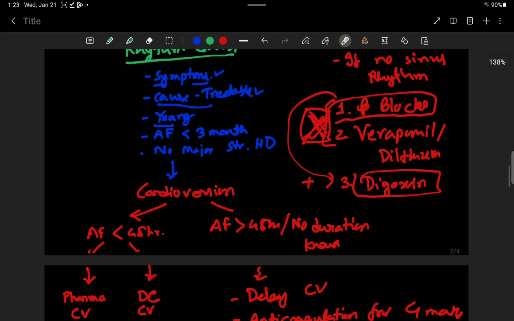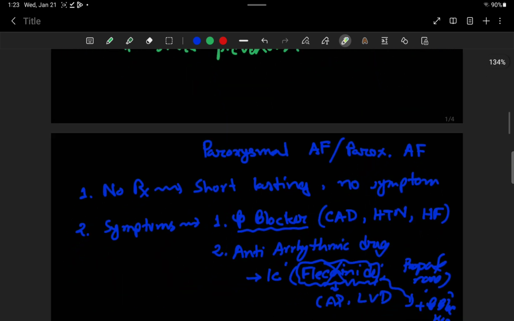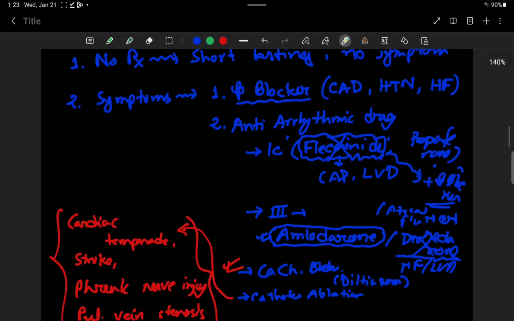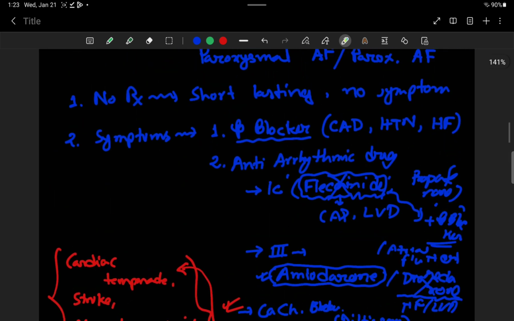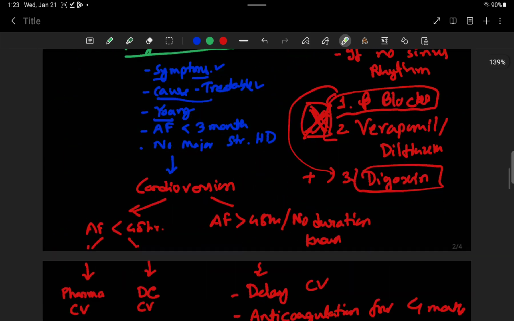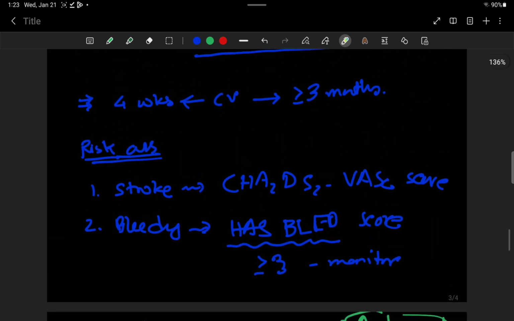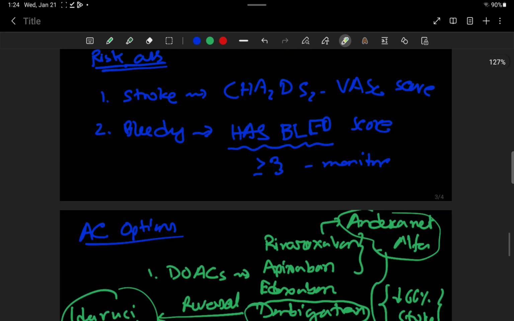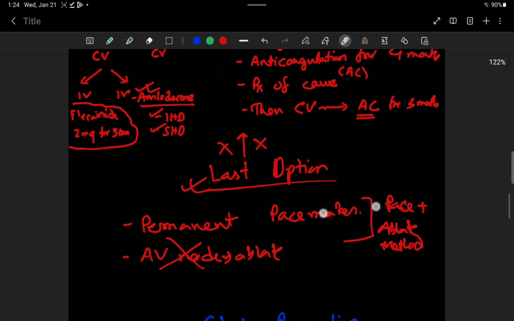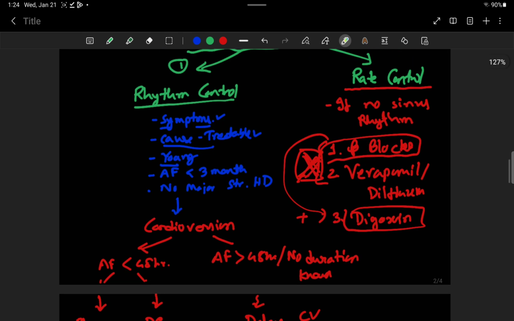So I think I tried my best to make you understand the treatment of AF. In paroxysmal AF, I also mentioned how it works, and in persistent AF, I have gone through the anticoagulation options. Anticoagulation, as I already mentioned, when we start it: in less than 48 hours, and if more than 48 hours and not working, you will go for the anticoagulation option.